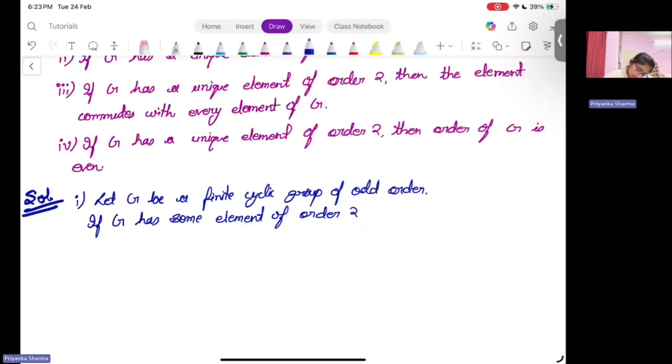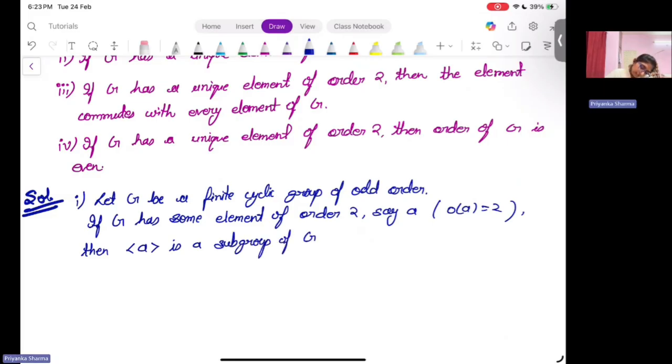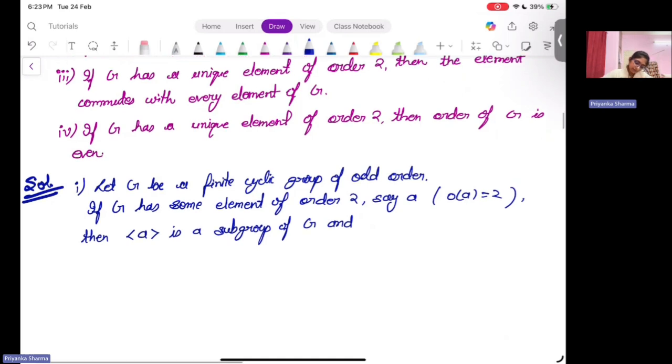So say this is a, that is, order of a is 2 and a belongs to G. Then this is a subgroup of G and order of this is 2.